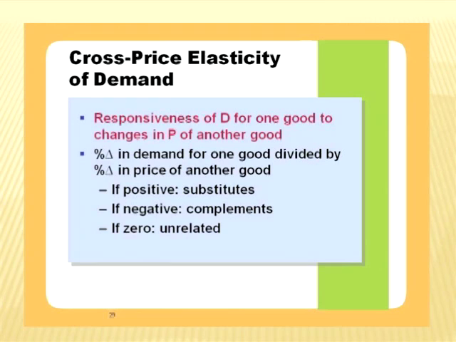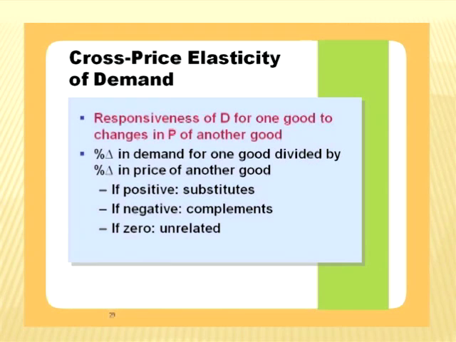If that number is positive, it means the two are substitutes. If it's negative, it means they're complements. Positive, of course, would mean that as the percentage change in the price of one good goes up, the quantity demanded of the other good also goes up. And that was our definition for substitutes.